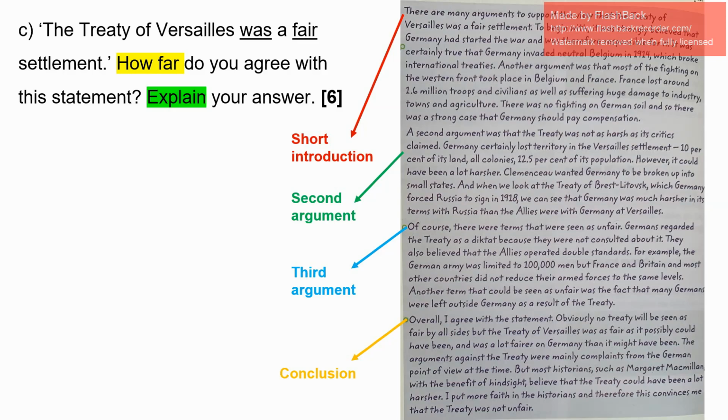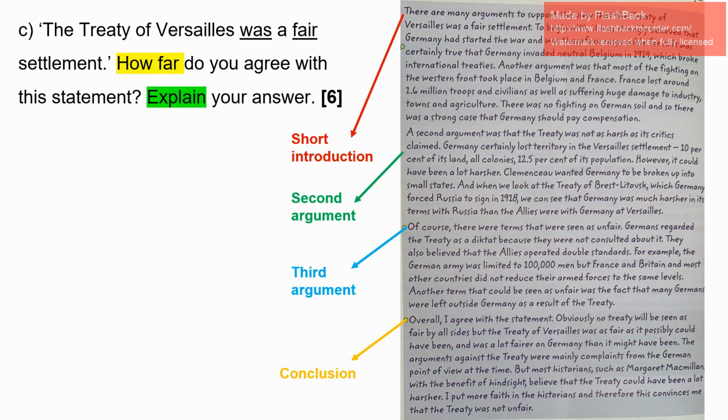Structure is important because it clears your ideas and it shows somehow, and it's really like this, that you have studied and that you know what you're talking about. Because when you find an answer where all the ideas are mixed up, where there's no structure, where there are lots of mistakes, either grammatically or whatever else, it is usually very difficult to read.